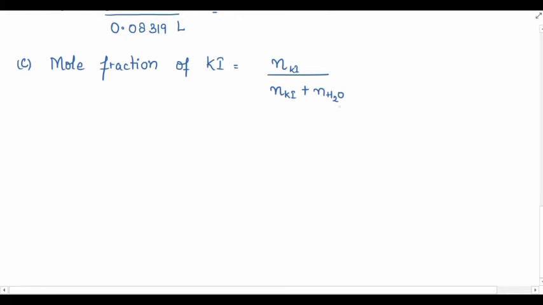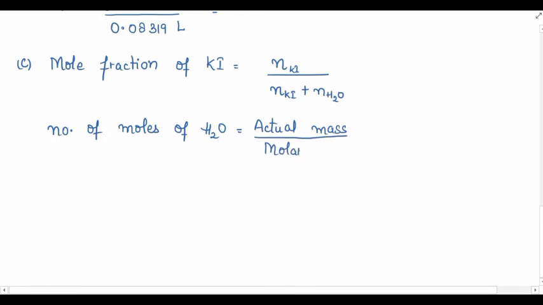So for the mole fraction of KI, first we find the moles of H2O. When we find the number of moles of H2O, it means actual mass of water divided by molar mass of water. So the actual mass of water is how much? 80 gram. So the number of moles of H2O is equal to actual mass over molar mass.